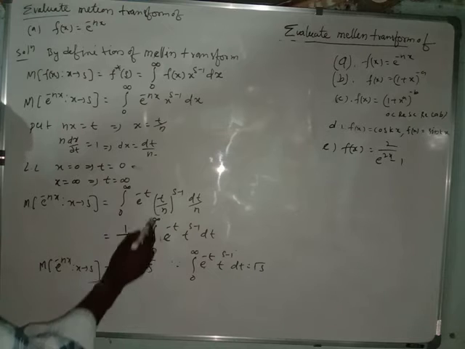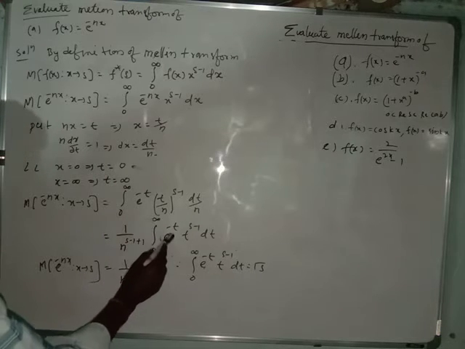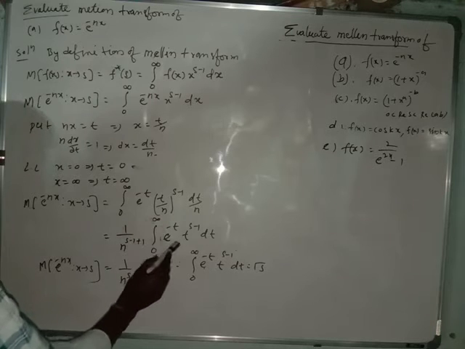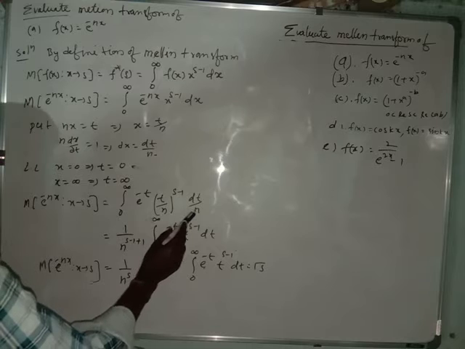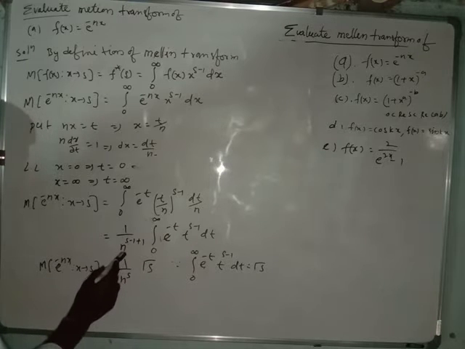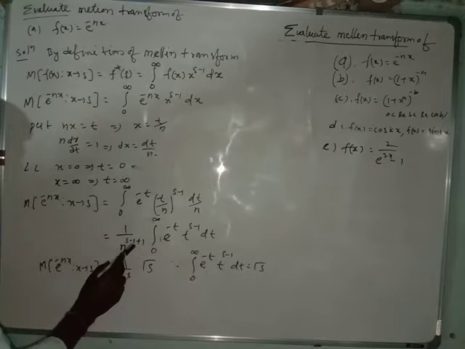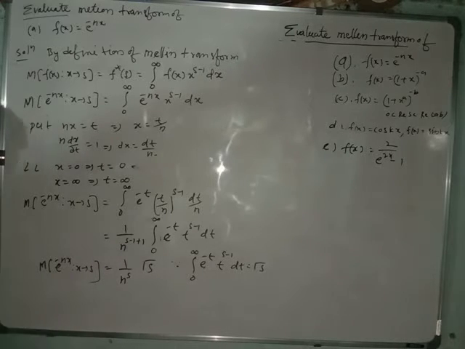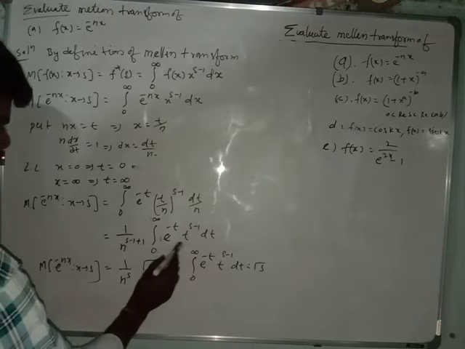Here the integral of e to the power of minus t times t to the power of s minus 1, and n to the power of 1 by n to the power of s minus 1 plus 1, equals 1 by n to the power of s.